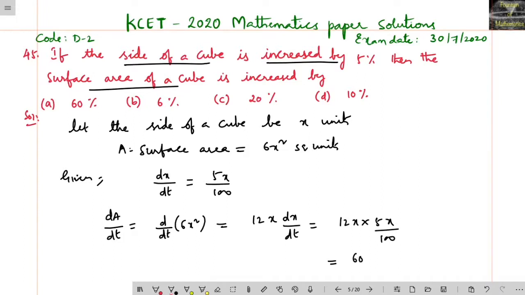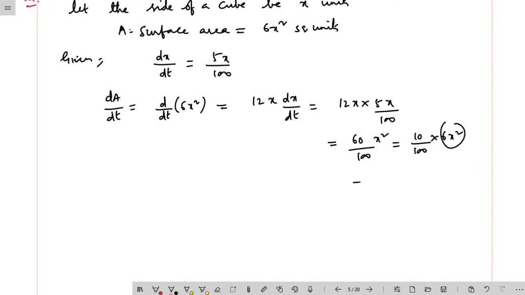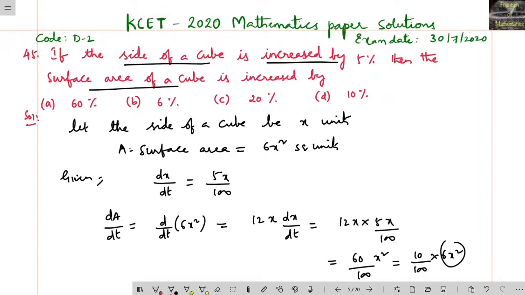Here we can add this is 60x square by 100, or here we can add 10 by 100 into 6x square, because I want area how much it is increasing. So we can say this is 10 by 100 is 10%, 10% of the area, surface area, and hence we can say the surface area is increased by how much? 10%. Option D. Okay.